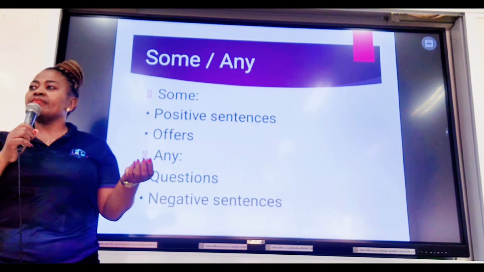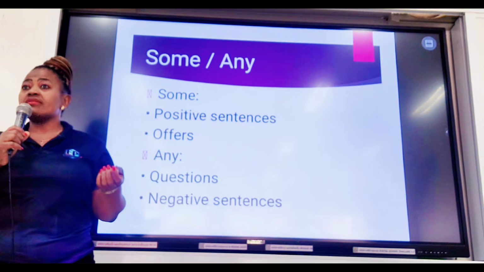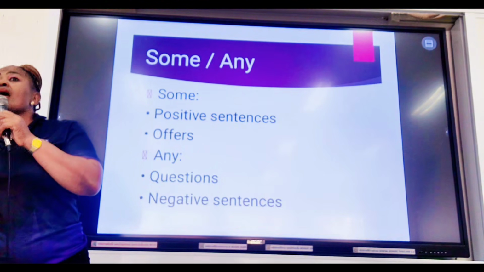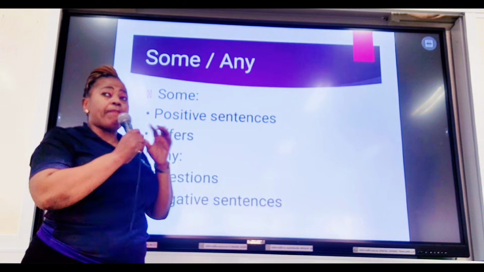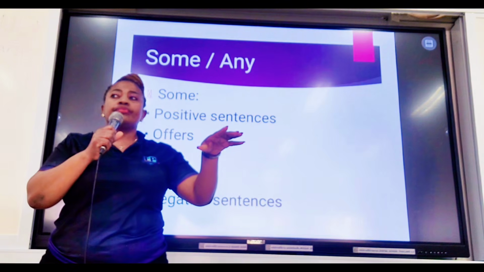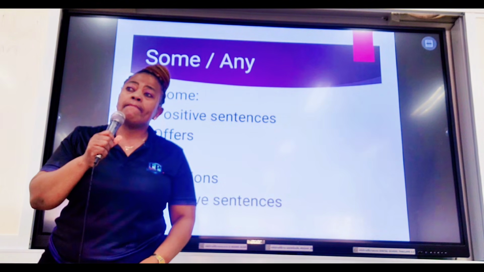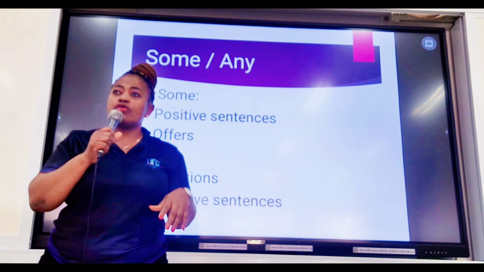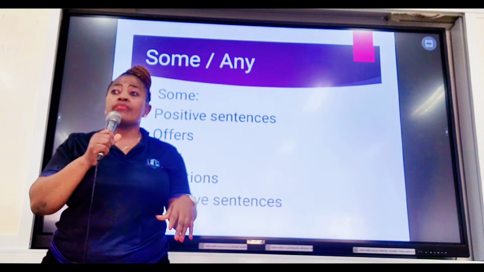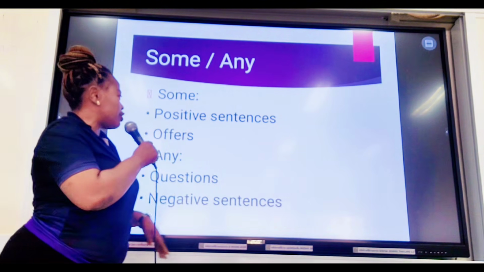There are some pencils in my pencil case, okay? And the last example. There are some students in the classroom.